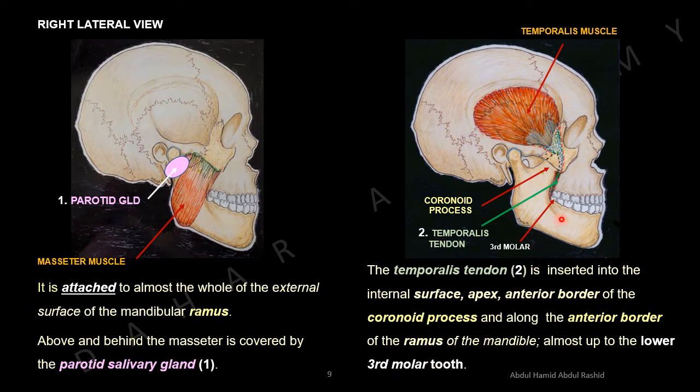Here is the lower third molar tooth. That means the temporalis muscle tendon is attached to the coronoid process, medial side, apex, anterior border of the coronoid process, and along the anterior border of the ramus of the mandible, and extends down up to the lower third molar tooth.